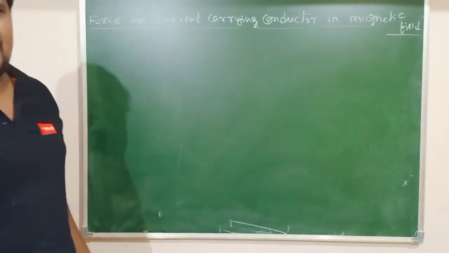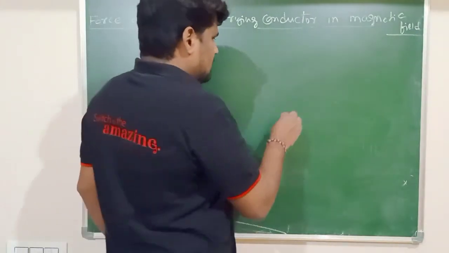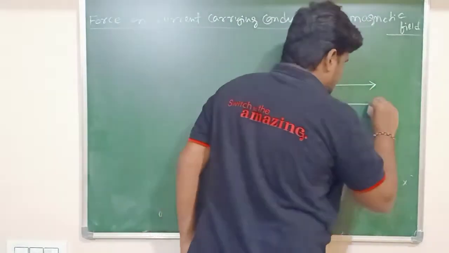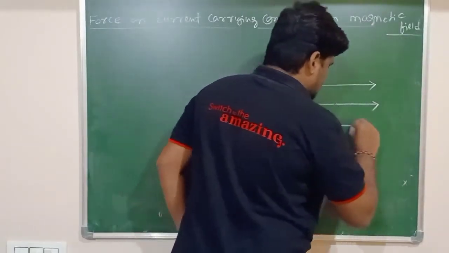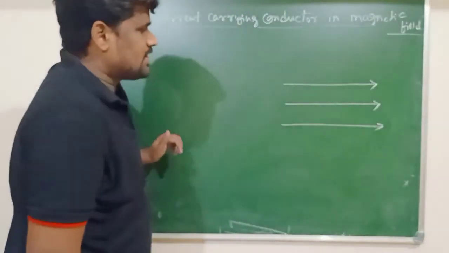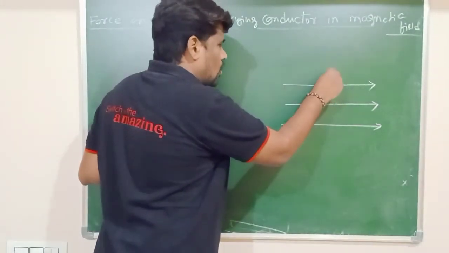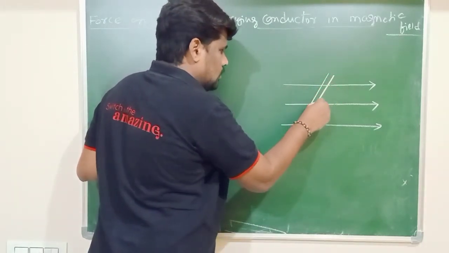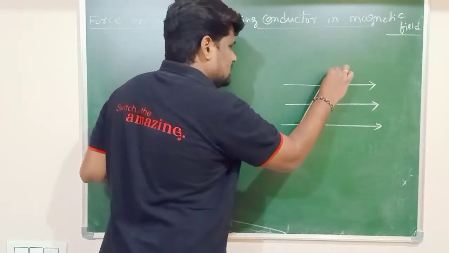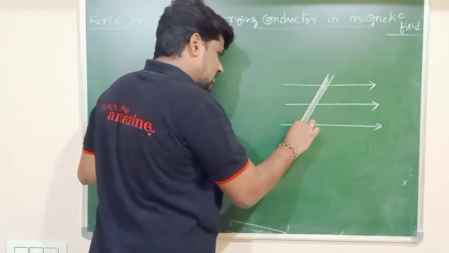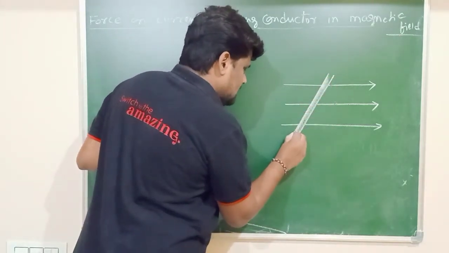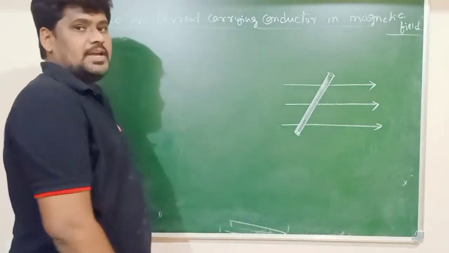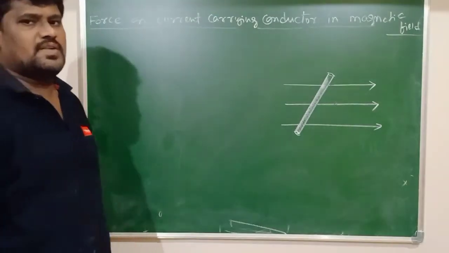Let me consider here. Imagine that this is the direction of the magnetic field in which I am placing a conductor of length L. L is the length of a conductor, and capital A is called the area of cross section of the conductor.